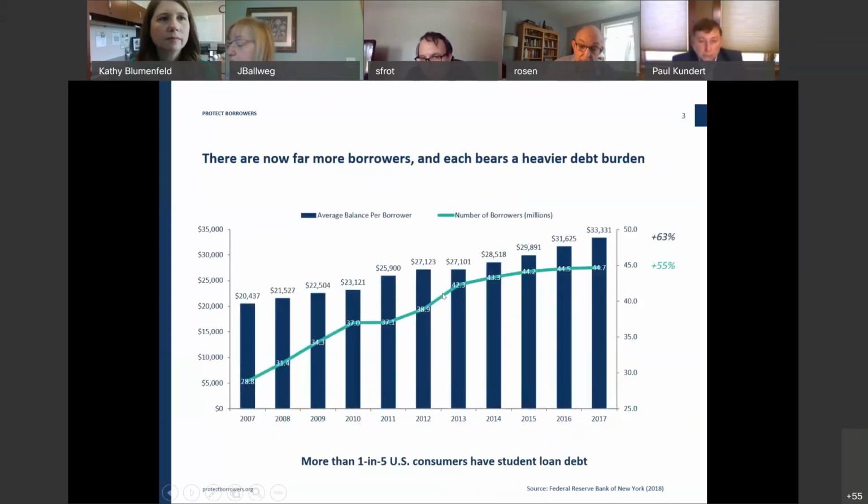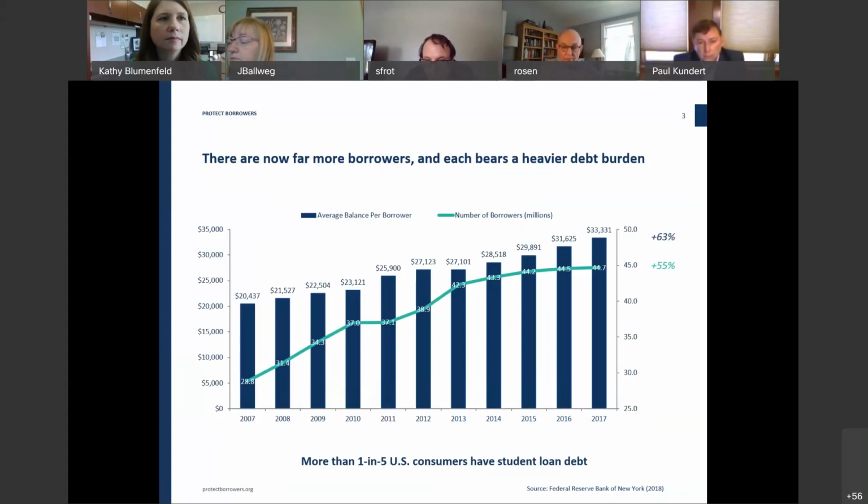And so the question we often get, and I think Professor Hillman covered this well, is how did we get here? What you see is a lot more people taking on a lot more debt. Over the course of my career, I've sometimes heard people say we shouldn't necessarily be that concerned about student loan debt because it is just an indicator of more people accessing higher education.